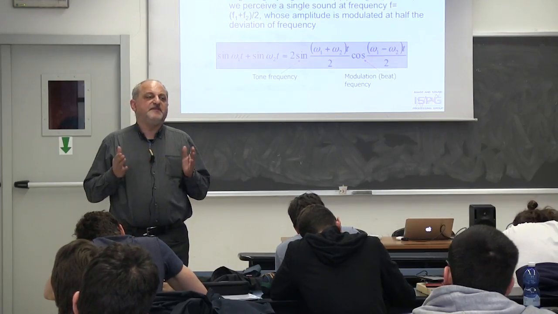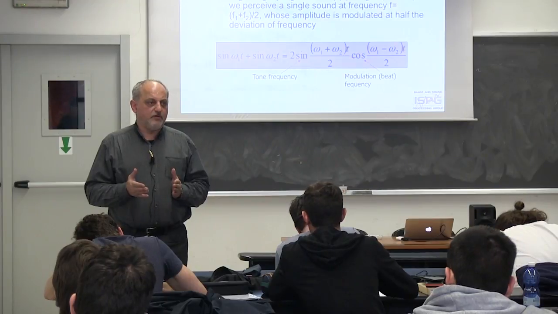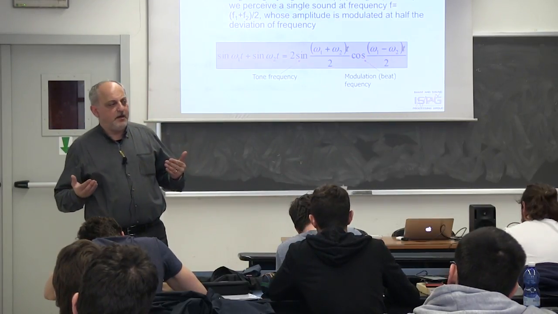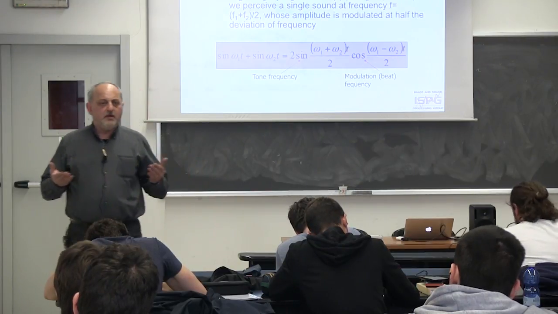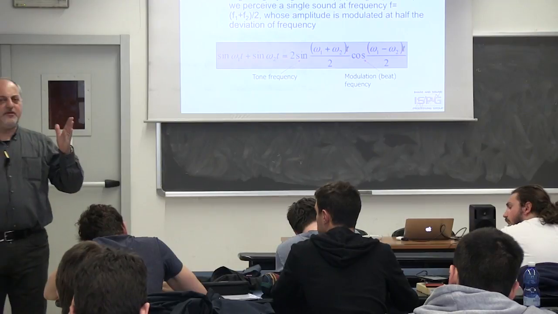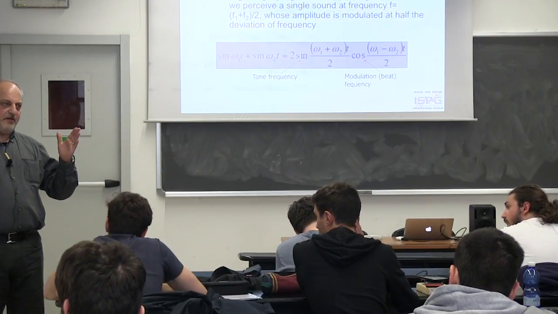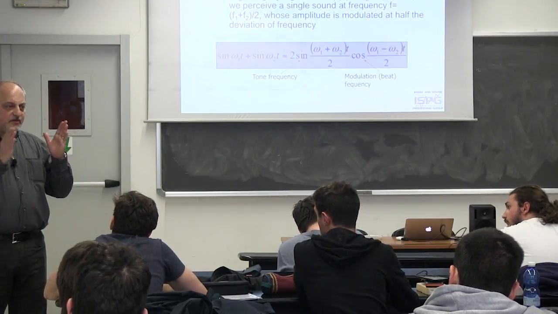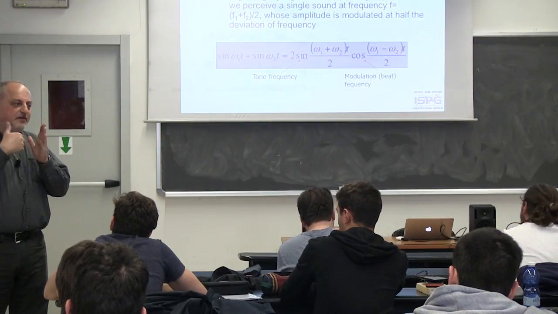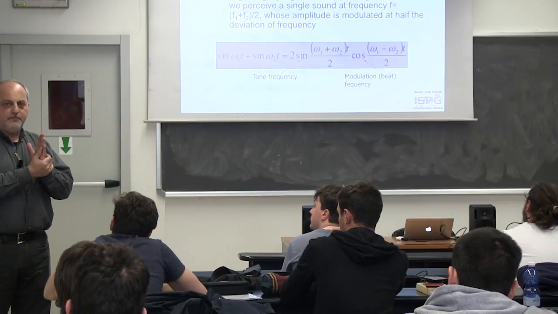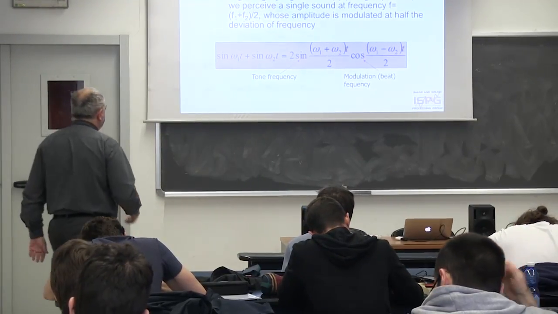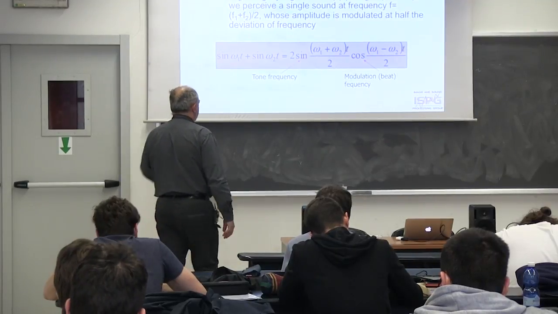So you will perceive the sum of the two sinusoids. If we had an infinitely selective system, the first frequency would be perceived by one hair cell, and the second frequency by another hair cell. But this doesn't happen, because the two frequencies are so close that the same hair cell will perceive the sum of the two.